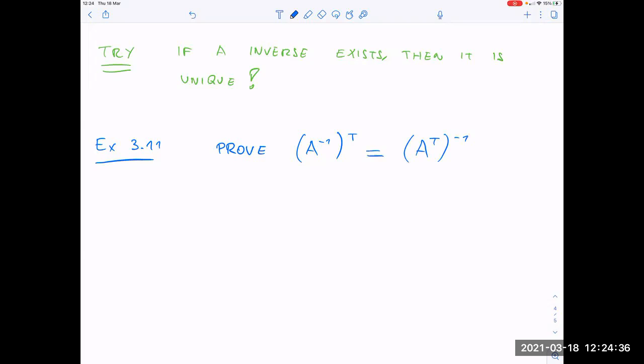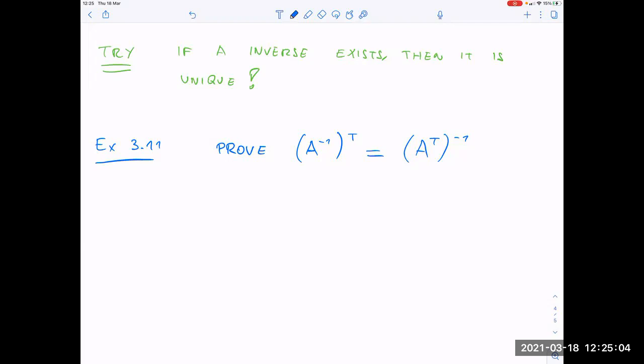These two are equal. In order to prove this, you want to see that this matrix here is the inverse of the transpose. And this is also proving that if A is invertible, the transpose is also invertible.